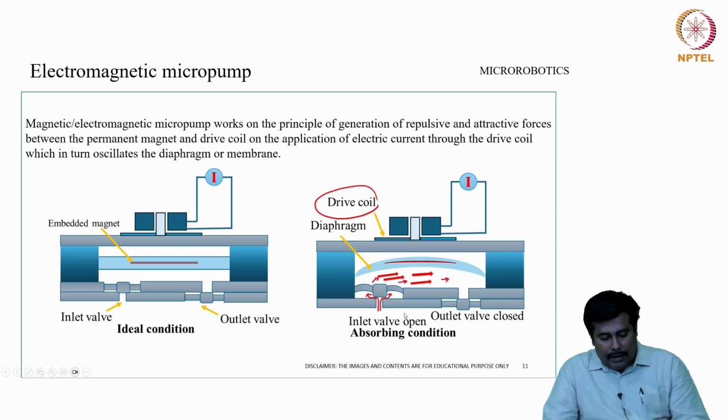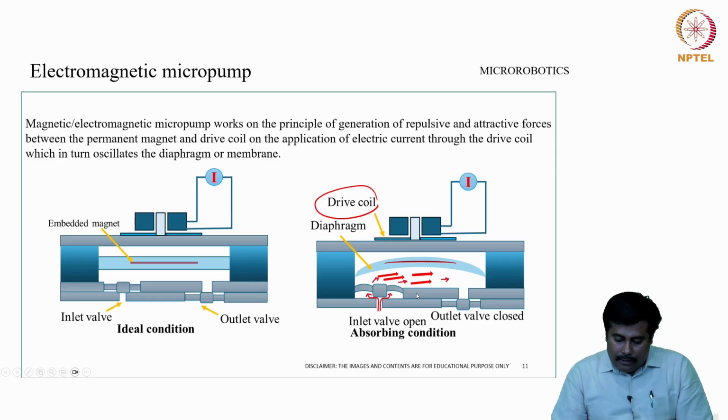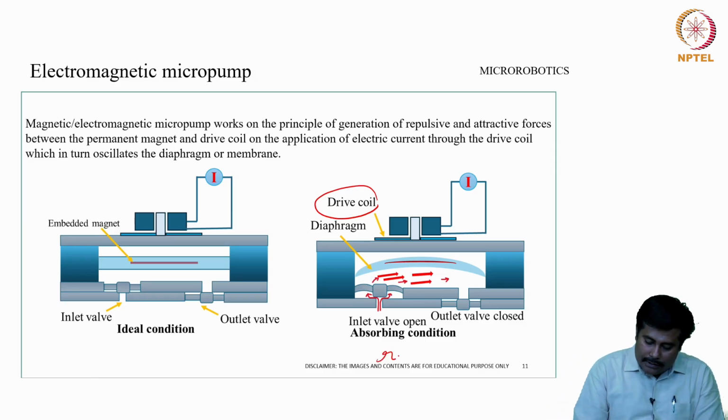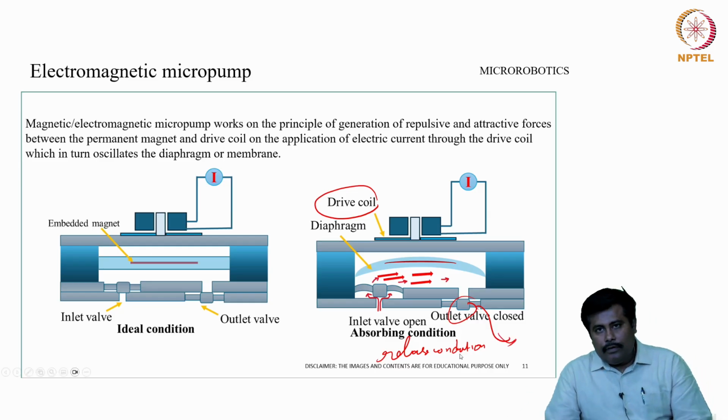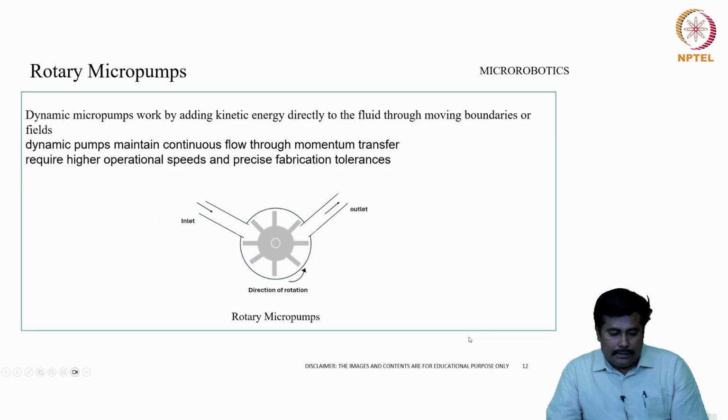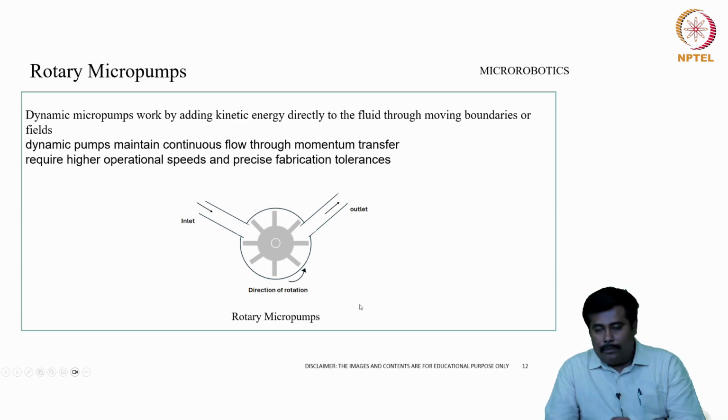One is an ideal condition which is used for pumping, and then there is a condition where an absorbing condition will happen, where through the absorption the liquid is being fed into it, and then we will have the release condition. In the case of a release condition, the outlet valve will open and appropriately the liquid will be pumped to the desired system.